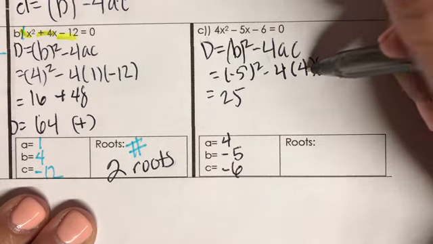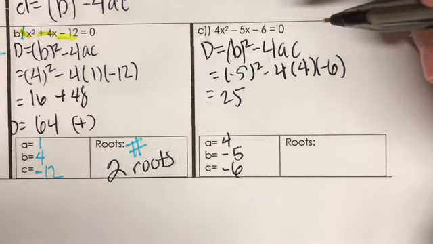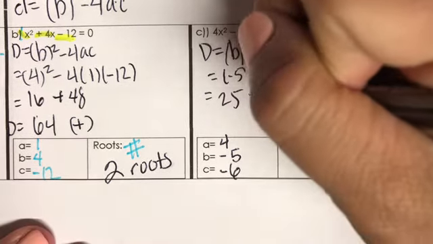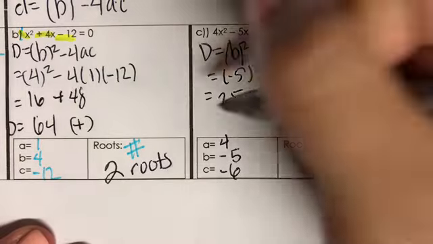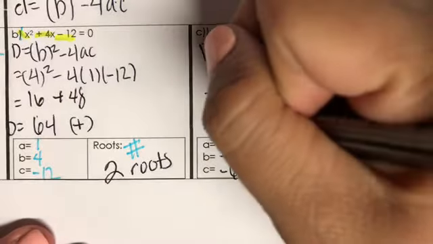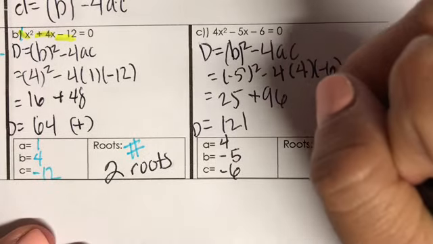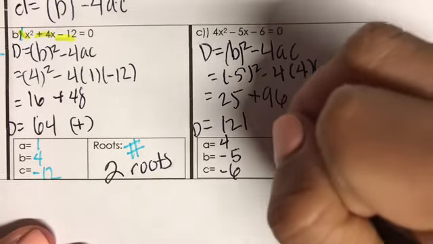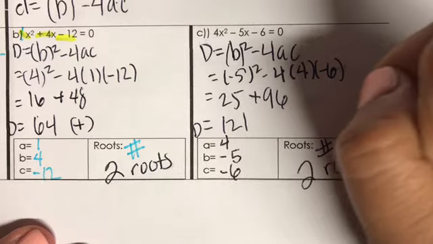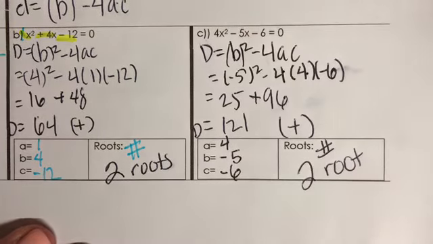Negative 4 times positive 4 is negative 16. Negative 16 times negative 6 is 96. Again, this is positive 121. So that means the number of roots is 2 roots because this is positive.